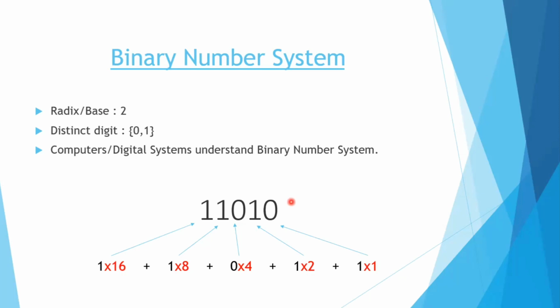Like we discussed in the decimal number system, here too each digit represents an increasing power of 2, here 2, as the base is 2.